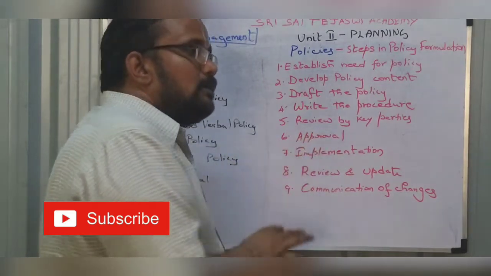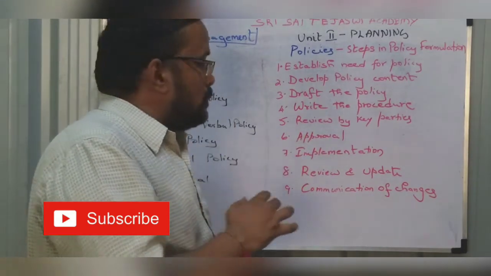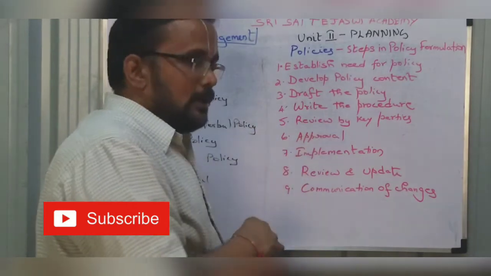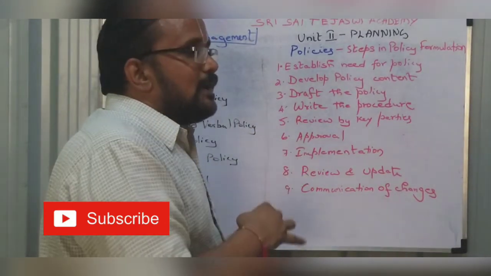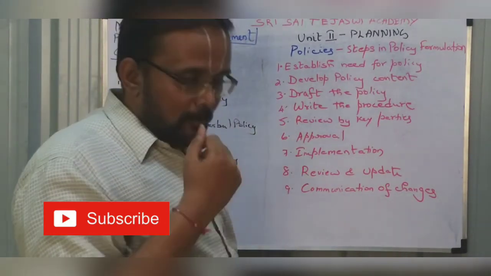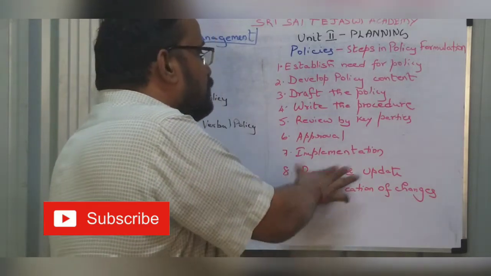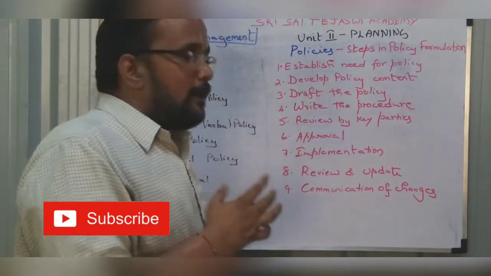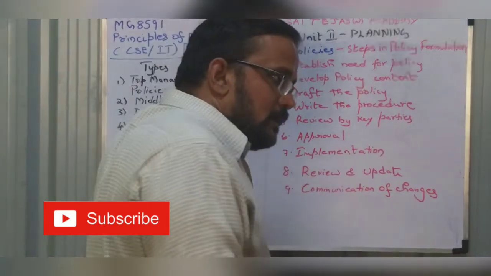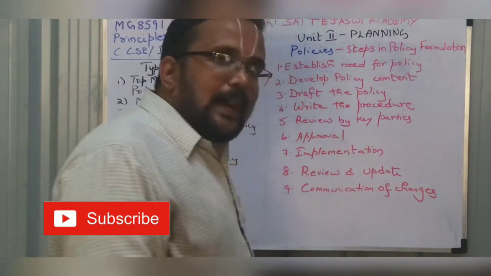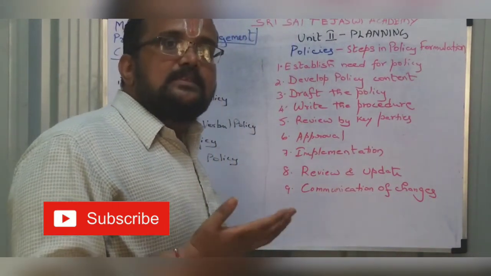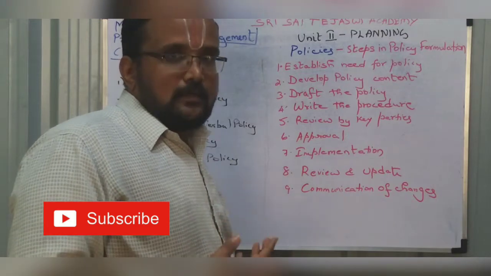And the top level management, owner of the concern, will approve it. So then the policy will start to be implemented. It will be executed. Then review and update. Review and update means I have implemented the policy. So once I implement the policy, I will have various issues with it.